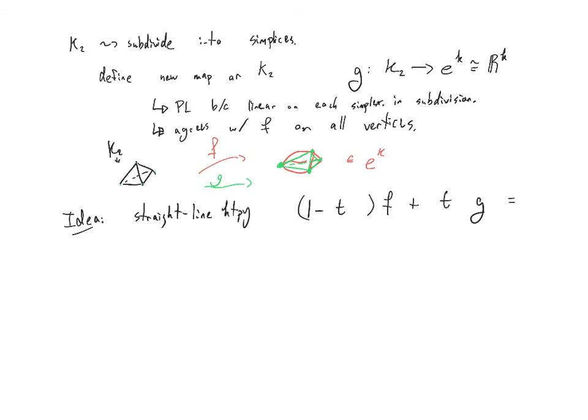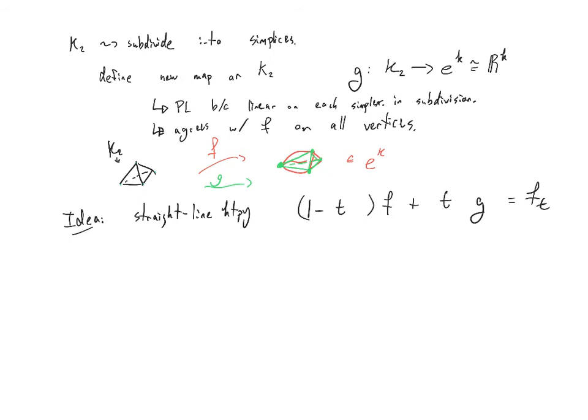I guess I wrote it as f sub t in the opening, but what I'd like to do is the homotopy on K2, but not on the interior of K1.